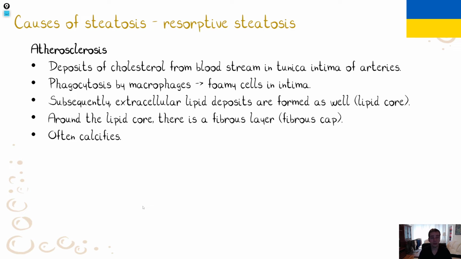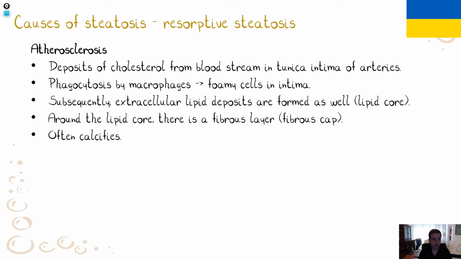We shouldn't forget atherosclerosis. In patients with hypercholesterolemia, typically, or in patients generally with dyslipidemia, the deposits of the lipids will start to form in tunica intima of arteries from the bloodstream, and macrophages will start to engulf them, and they will create clusters of foamy cells in intima.